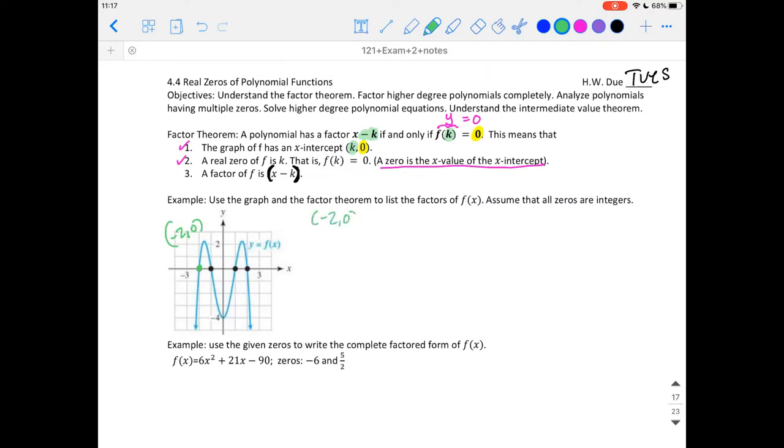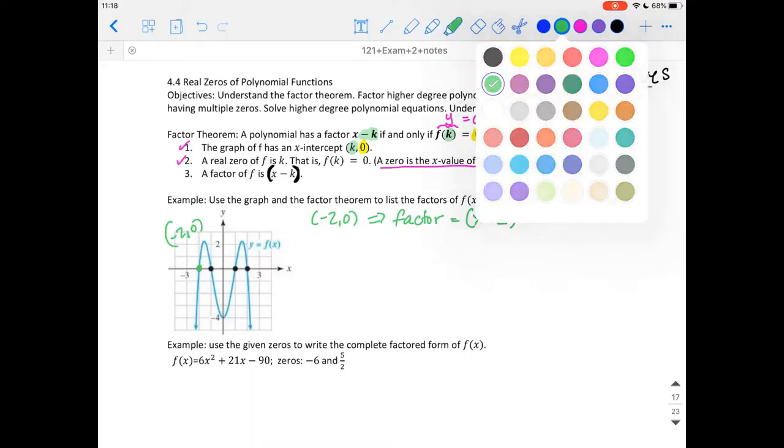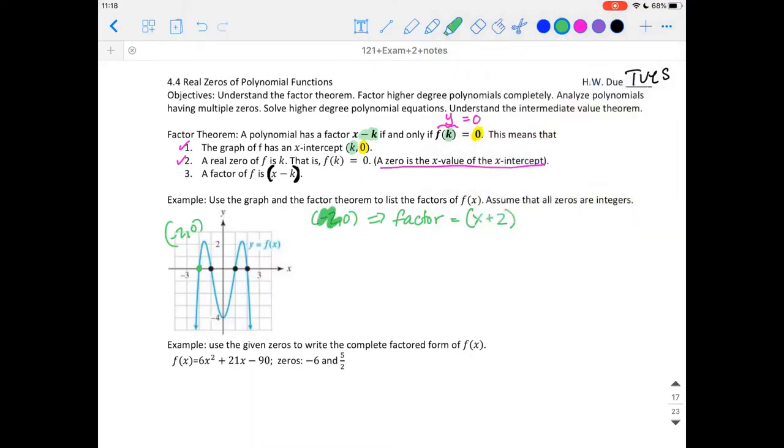So for negative 2, 0, then our factor is going to be parentheses and then x and the opposite of the minus 2. So the opposite of minus 2 is going to be plus 2. Let me underline this minus 2, which is the opposite right there.